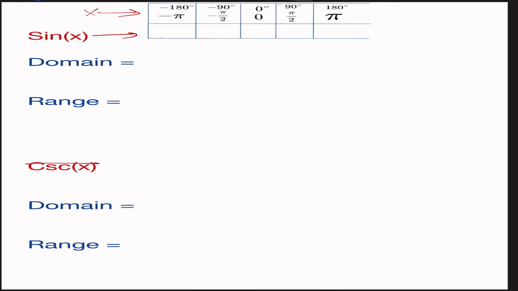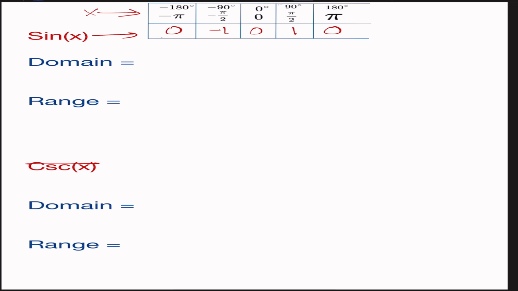If we put sine of negative 180 degrees, that is going to be, sorry, 0. This is going to be negative 1, 0, 1, 0.